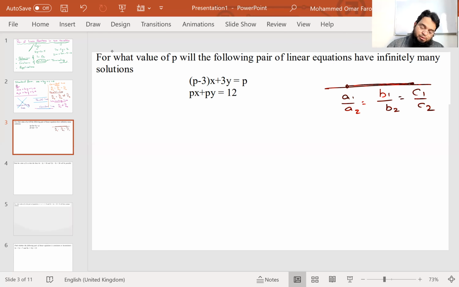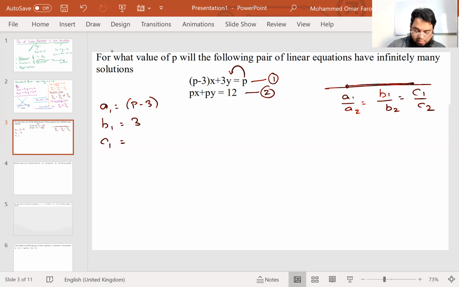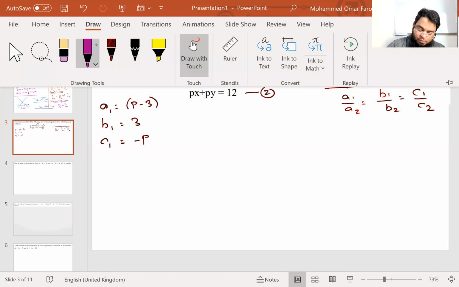Is it right? So let us take this as the first equation and the second equation. What is A1? A1 is P minus 3 and B1 is 3 and C1, since the constant has to be brought to the left hand side, it will be minus P. So now let us go for A2.